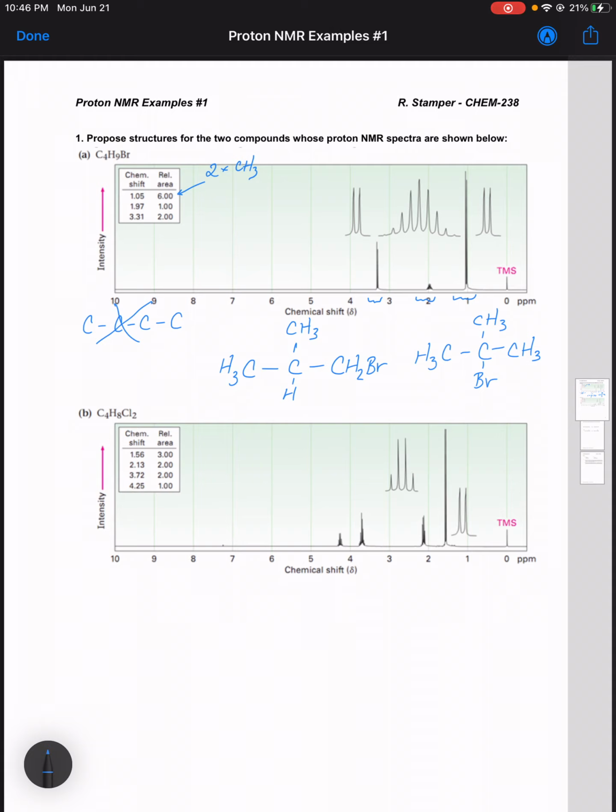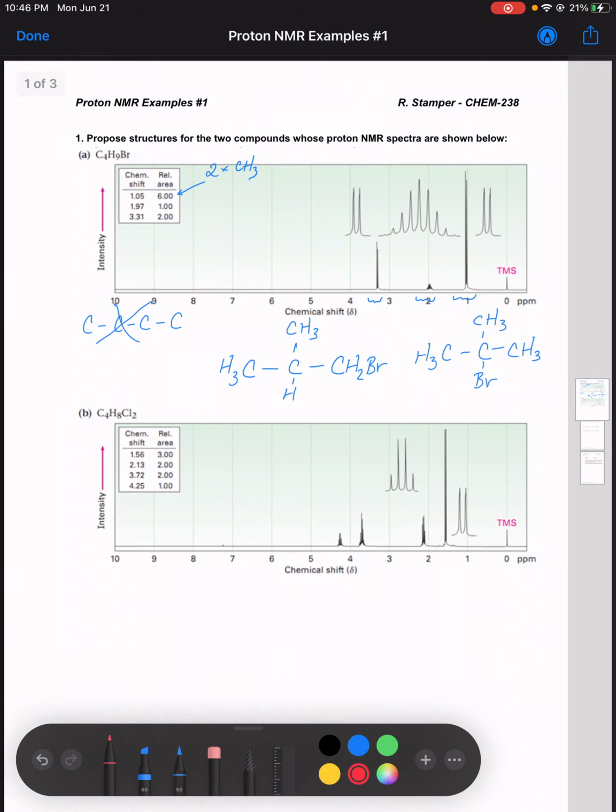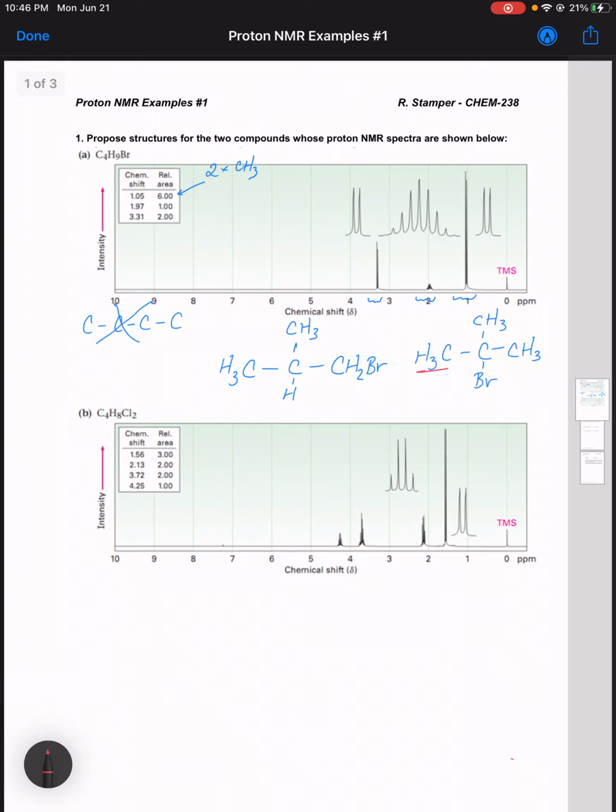Now notice that if it were the structure on the right, we would have 3 equivalent methyl groups. And so that peak that showed up as only 6 hydrogens would actually show up as 9 hydrogens. We'd have only a single peak on this spectrum, and it wouldn't look at all like we see up above. So what we're seeing up here is, in fact, the structure that's in the middle of the page, this branched structure that has the bromine at the end.